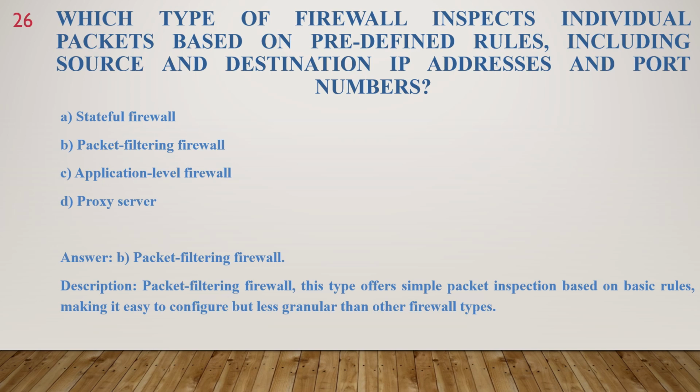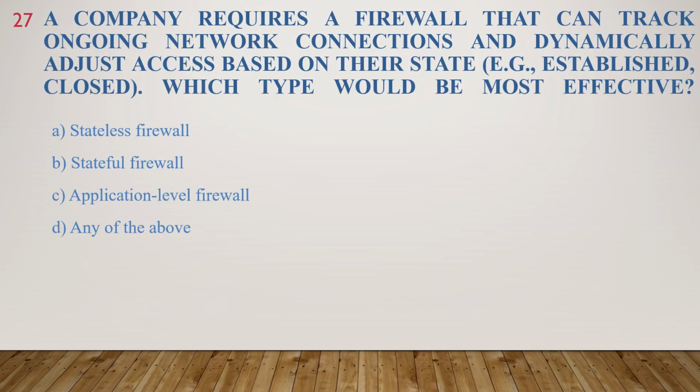They act as intermediaries between clients and servers, intercepting and controlling all communication. While they can filter traffic, it's not based on individual packets in the traditional sense. Therefore, only packet filtering firewalls operate by matching individual packets to predefined rules based on source destination IP addresses and port numbers.